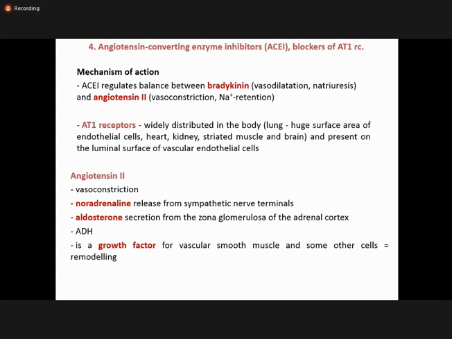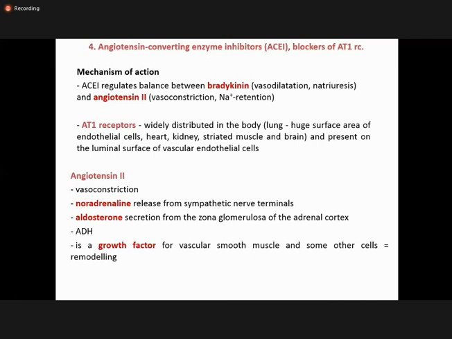Produces vasoconstriction and noradrenaline release from sympathetic nerve terminals, and a very important point, aldosterone secretion, that is due to angiotensin. Aldosterone secretion from the zona glomerulosa of the adrenal cortex, ADH.